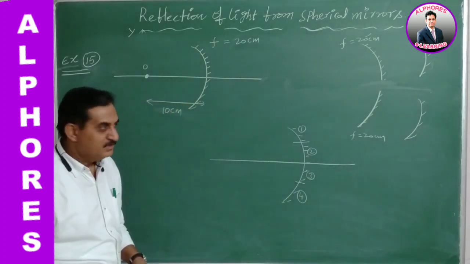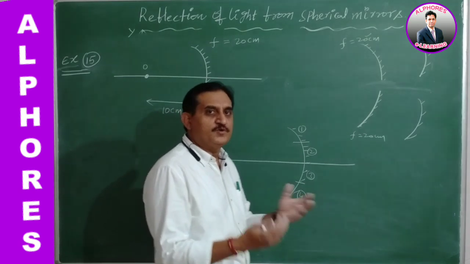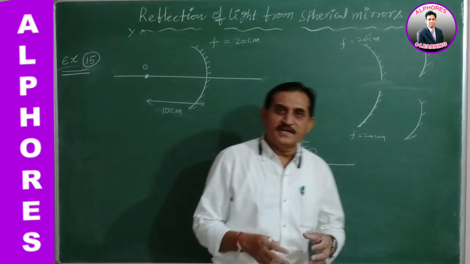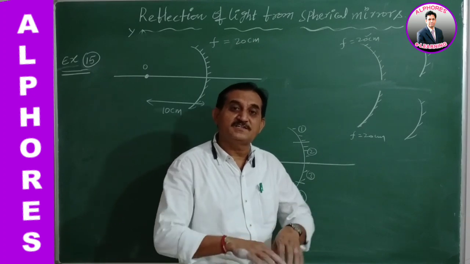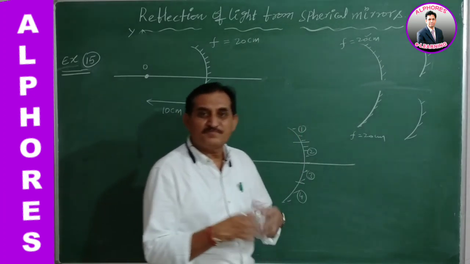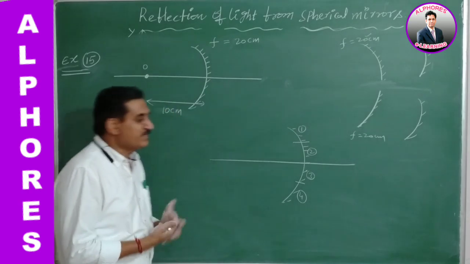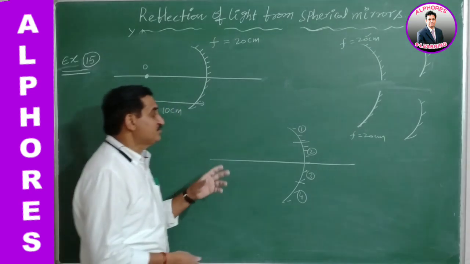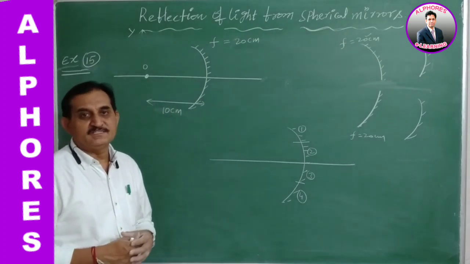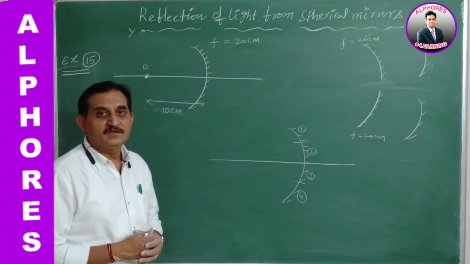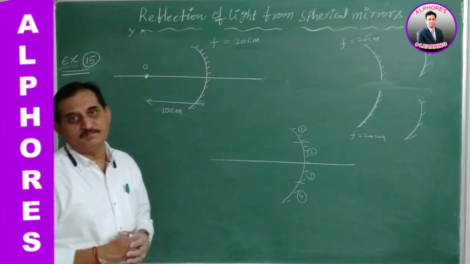So in what way is it cut into 4 parts? In the direction parallel to the principal axis, a spherical mirror is cut into 4 parts or 5 parts, 6 parts, whatever. But each part should have the same focal length as that of the spherical mirror before it was cut into pieces.